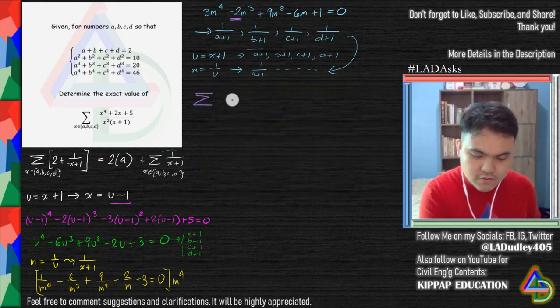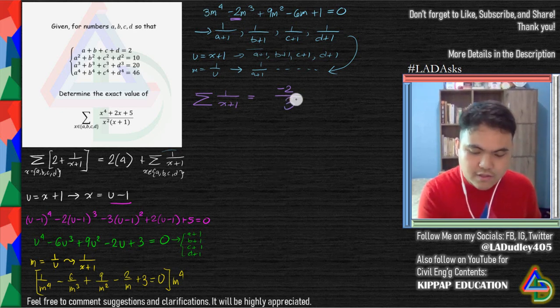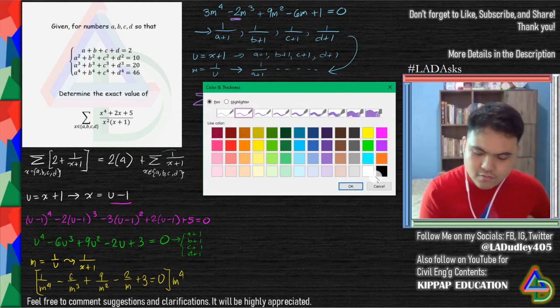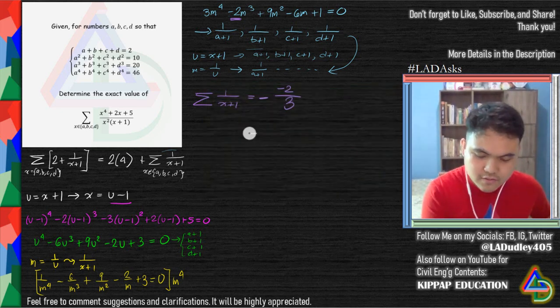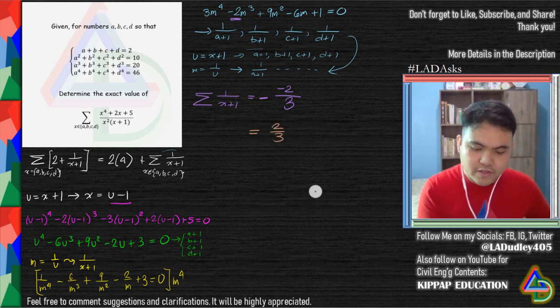So, summation of 1 all over x plus 1 is equal to negative 2, divide natin dun sa leading coefficient, so 3, and then we change the sign. Right? We change the sign. So, what is the value here? 2/3. Alright? Yung summation na to, 2/3.